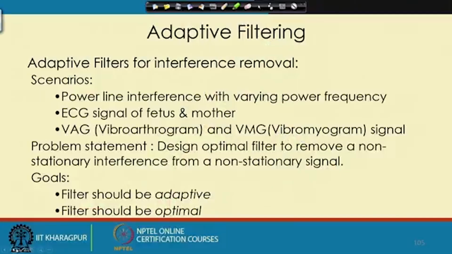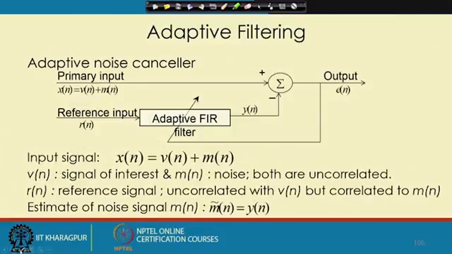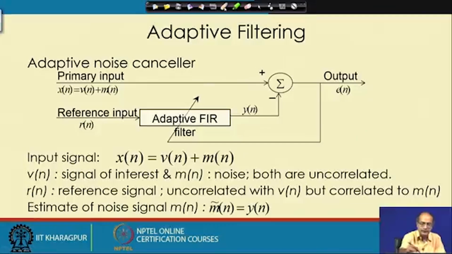Now, let us look at the structure of the adaptive filter. The application we have taken is the adaptive noise canceller, and it is interesting that, like the previous case, we have the input x[n], that is the observed signal.